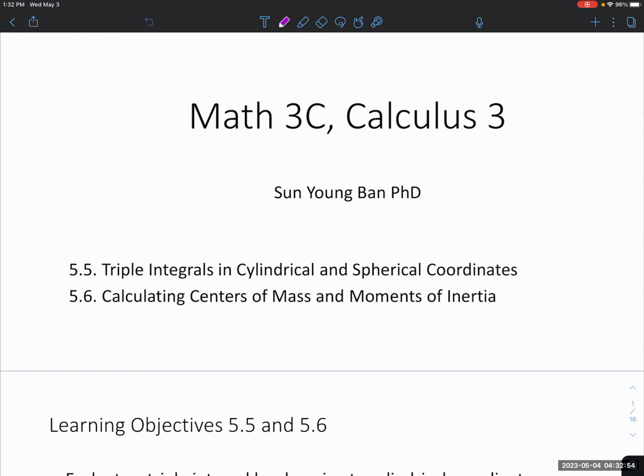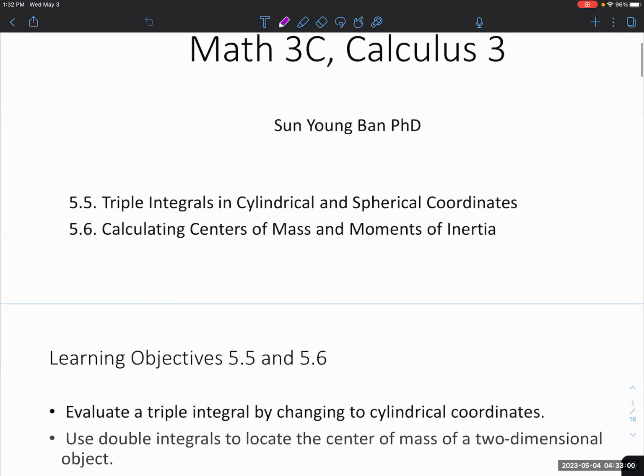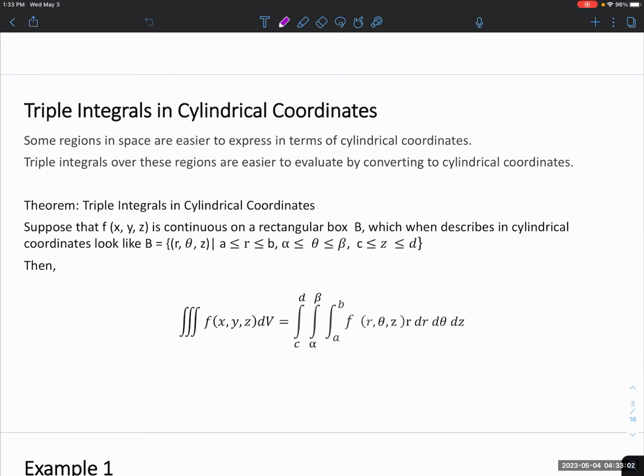So let me introduce 5.5, the cylindrical coordinate system. So here we go. A little bit of background. Earlier, I showed you how to convert a double integral in rectangular coordinates into a double integral in polar coordinates whenever you are dealing with a problem about region and volume.